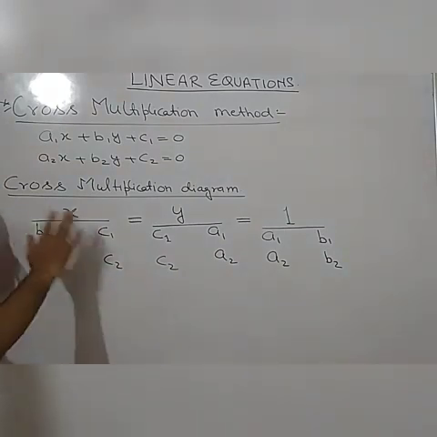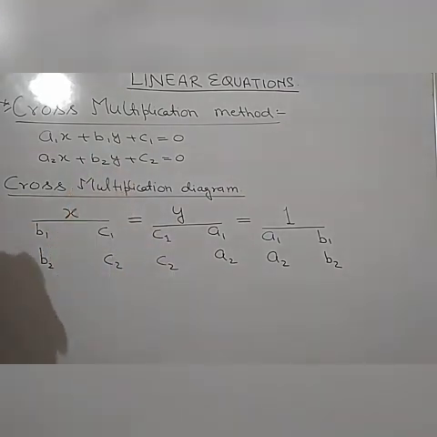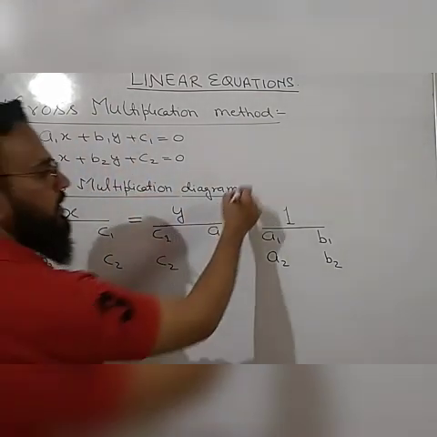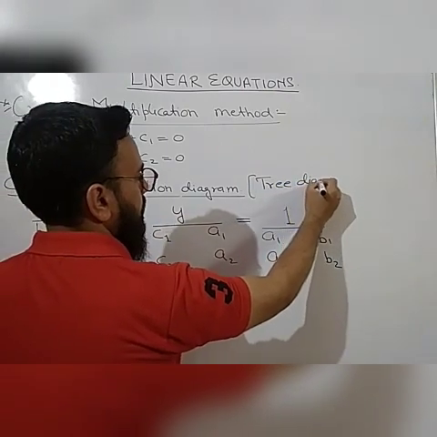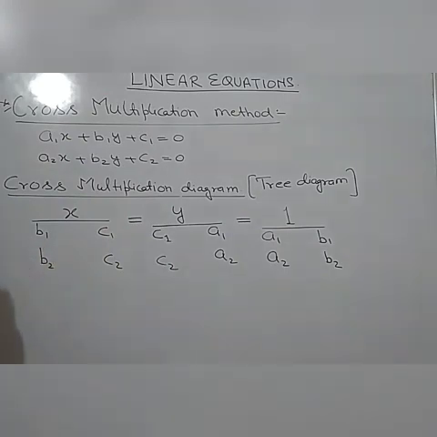So first we have to write the given equations in this form. Whenever two equations are given, we will write them in this form. It is known as the cross multiplication diagram, or also the tree diagram. Now you all know about cross multiplication.